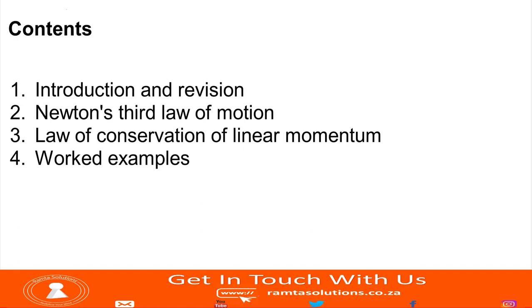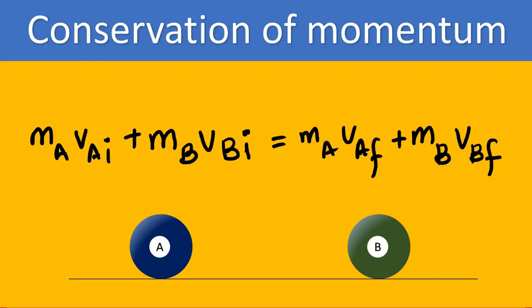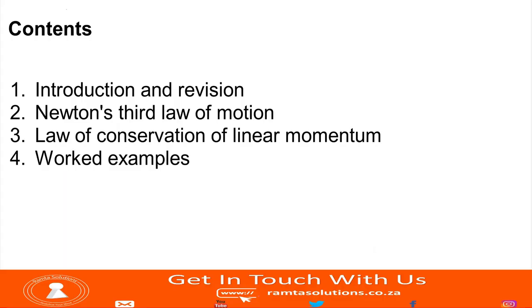We are also going to talk briefly on Newton's third law of motion, which basically brings about the law of conservation of linear momentum. And lastly, we will have worked examples of this topic. At the end of this video, you must be able to use this formula that you're seeing here. So without any waste of time, let's get into it.